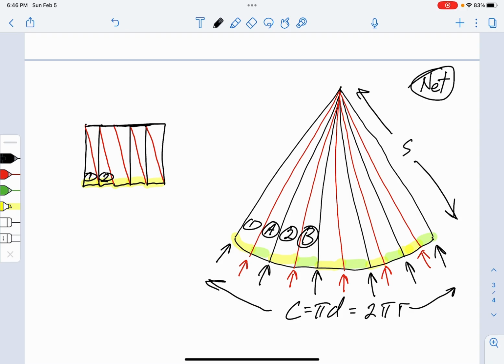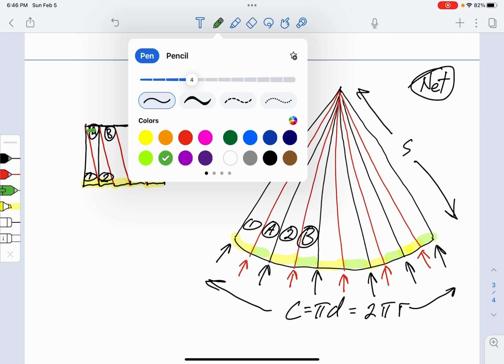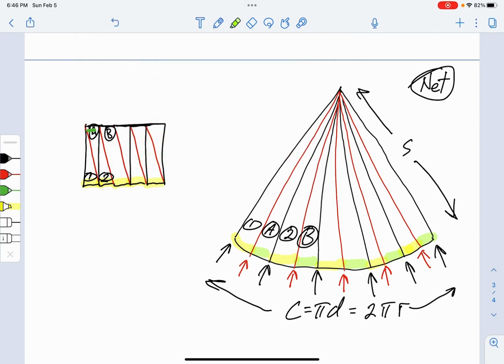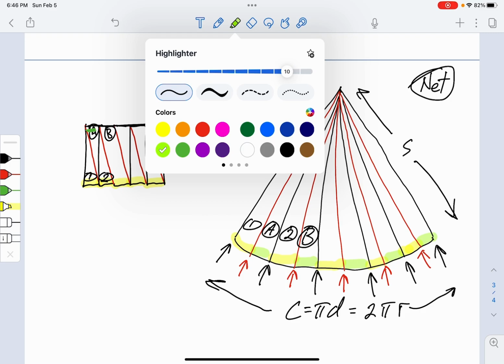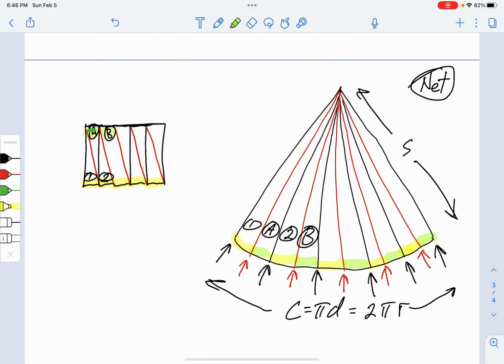A and B, we're going to flip them upside down so they fit in there really nicely. So this is going to be A, and this is going to be B. And let me color those in the green color. Let me get the highlighter here. So that would be this green here, that green there, green, green.